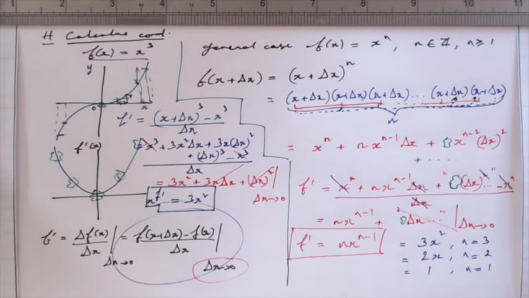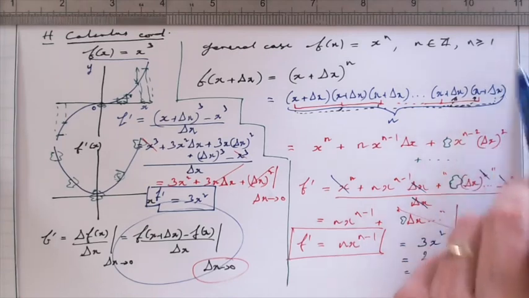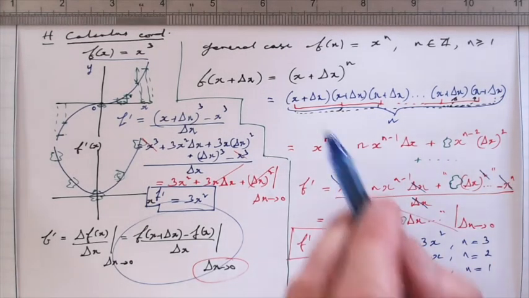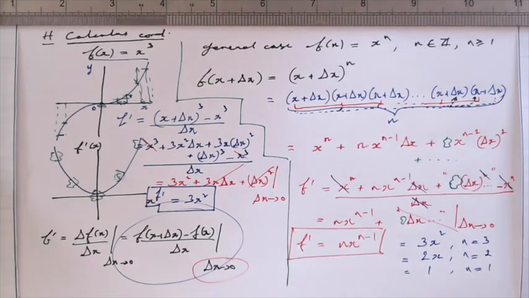And in fact, even though I said n greater than or equal to 1, because I didn't want to be too sloppy here, what if n were actually 0? If we do take n equal to 0, we see that f prime is 0 times x to the negative 1. And so long as x is not equal to 0, that would actually give 0.